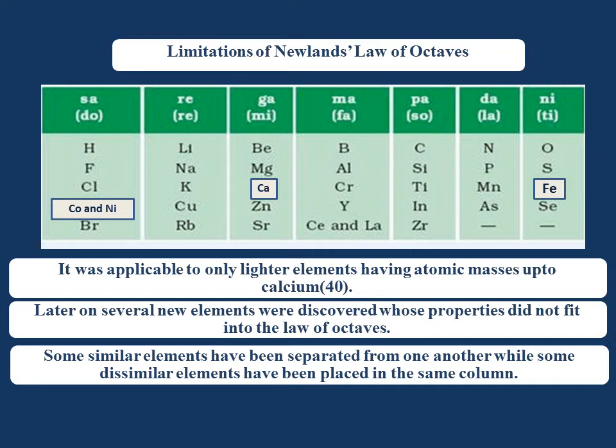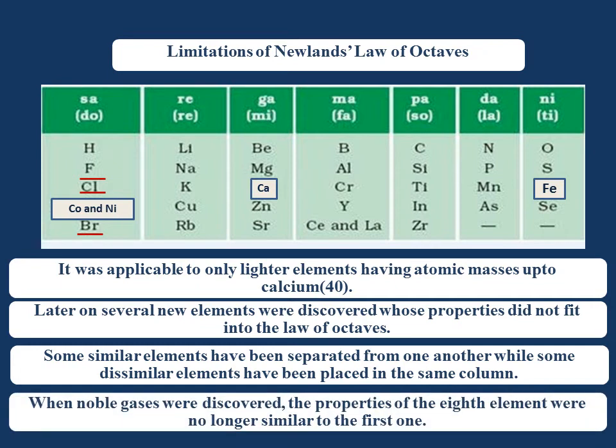And similarly, cobalt and nickel do not resemble the halogens chlorine, fluorine, bromine, but have been placed in the same column. The next issue was that when noble gases were discovered, the properties of the eighth element were no longer similar to the first one.